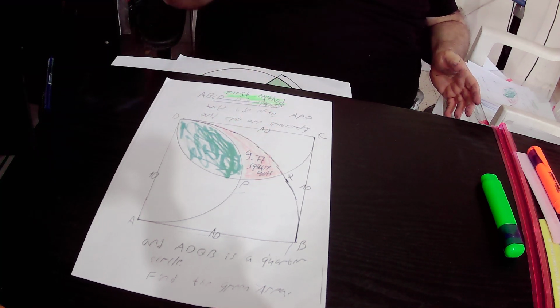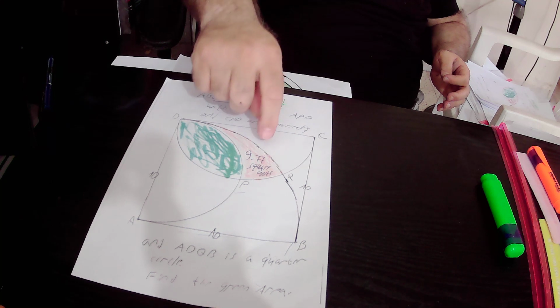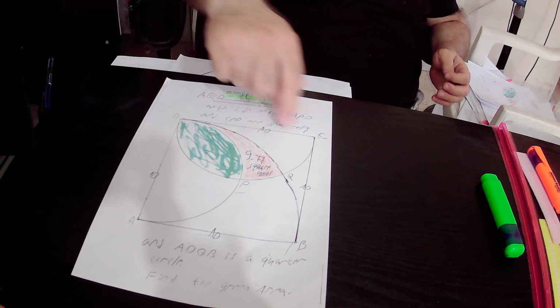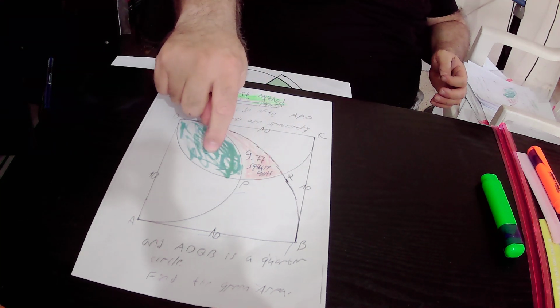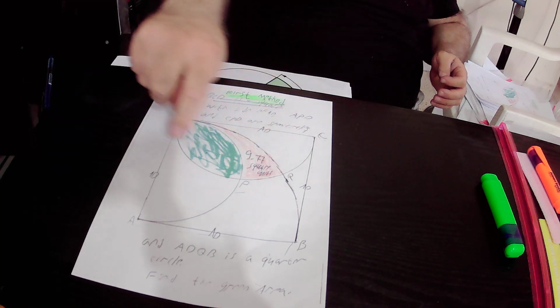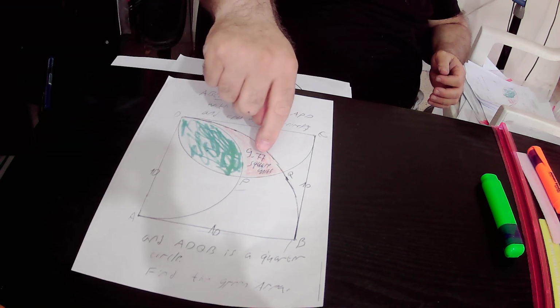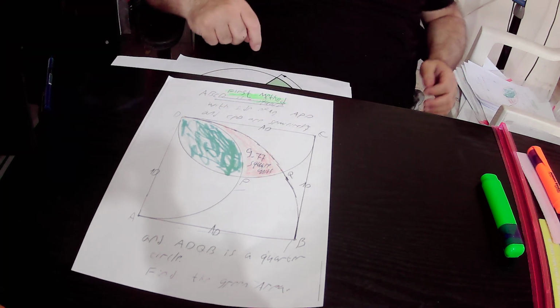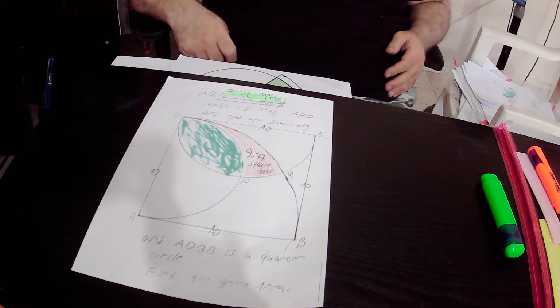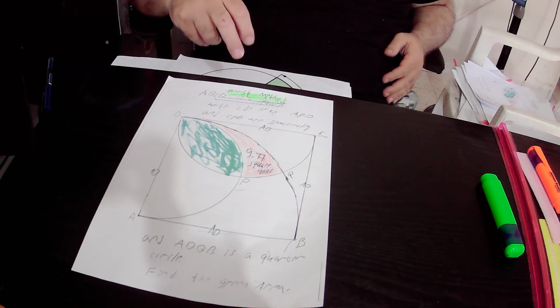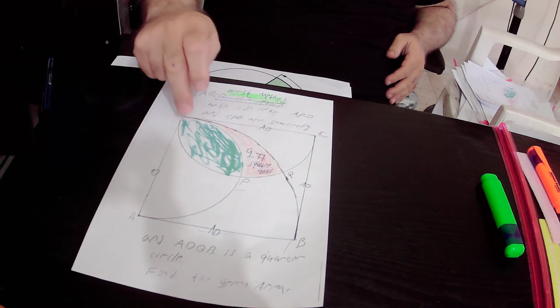It is very easy to see from the drawing that the area of the orange shape equals the area of the big lens minus the area of the blue lens. Again, the area of the big lens minus the area of the blue lens will give us the area of this orange shape.